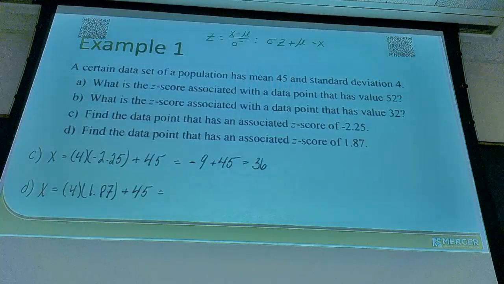Okay. So this one you have to decide to give me 1.87. Let's see if we can do this. 4 times 87. 4 times 80 is 320. Times 7, 28. So that's 348.